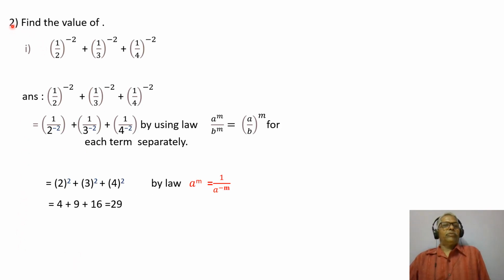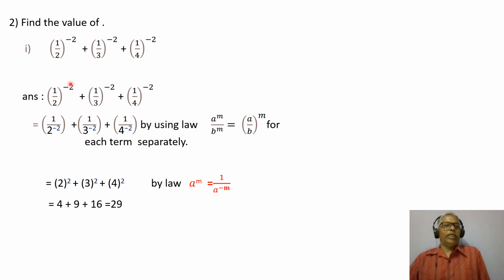Second type means find the value of. In this, the first one, read it: 1 upon 2, raised to the whole raised to minus 2, plus 1 upon 3, the whole raised to minus 2, plus 1 upon 4, whole raised to minus 2.